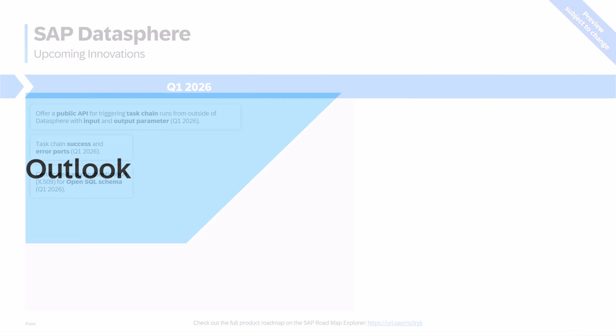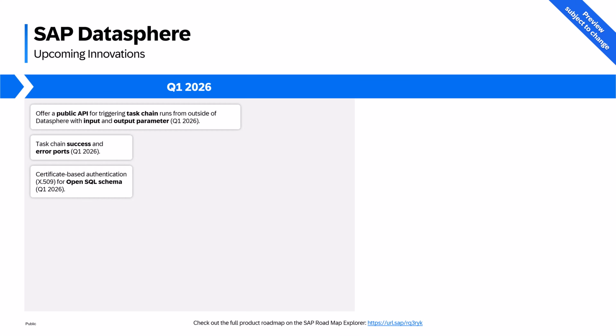So let's move on to the outlook and what we have planned in Q1 2026 and beyond that. Looking at the first features we planned for Q1 2026, it is about the task chain area, where we want to deliver a public API for triggering task chain runs from outside, as well as, at a later point in the quarter, input and output parameters as part of task chains.